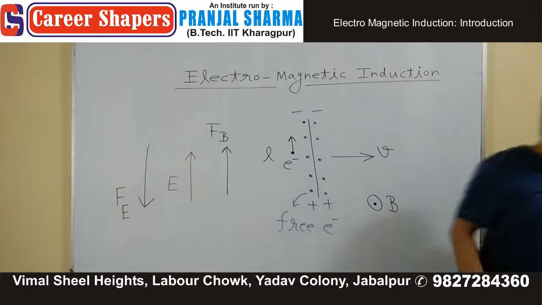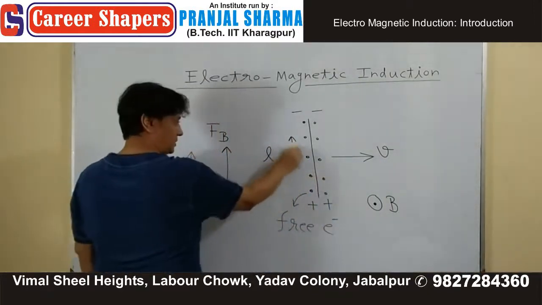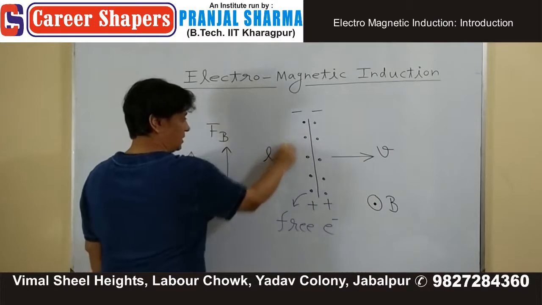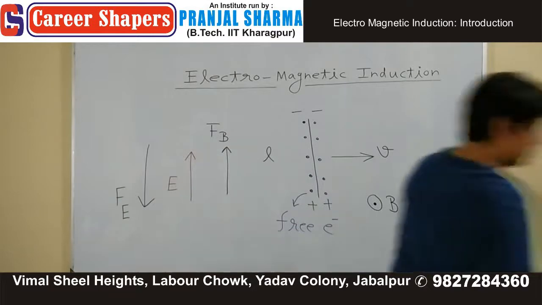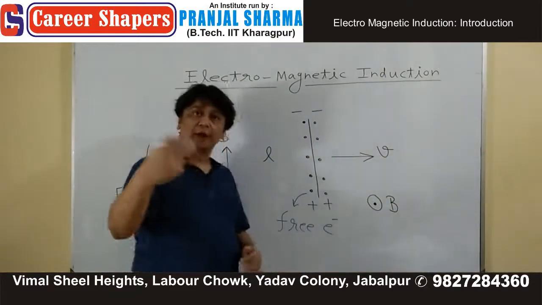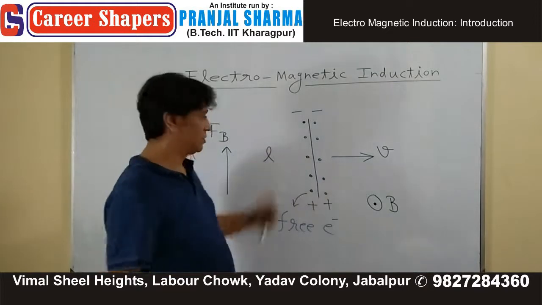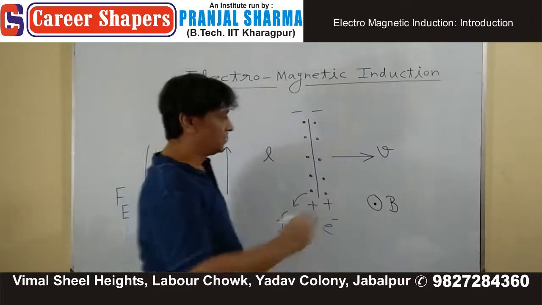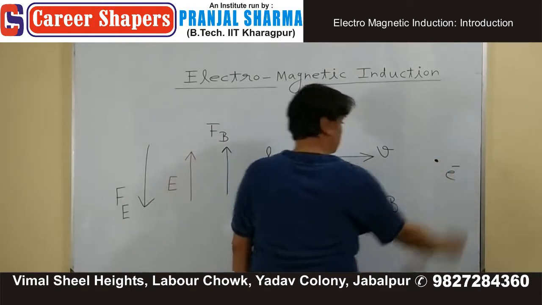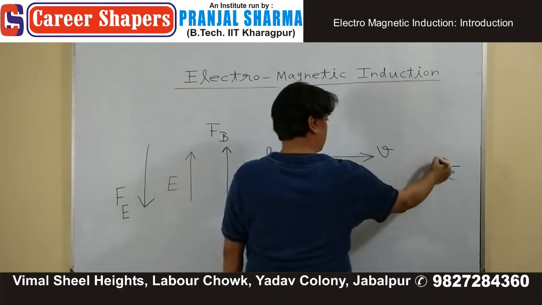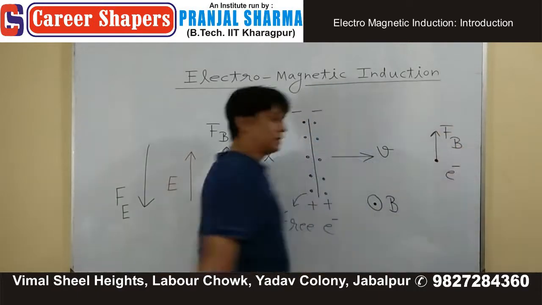So, what is happening? This electron, let me show this electron over here. If you draw free body diagram of this electron, which means if you are showing forces on this electron, then this electron is under a force of magnetic field FB.